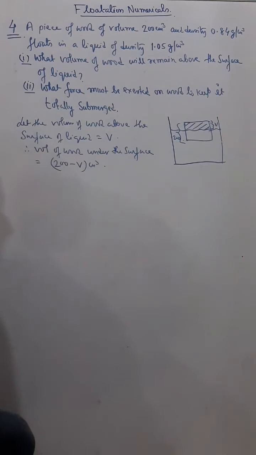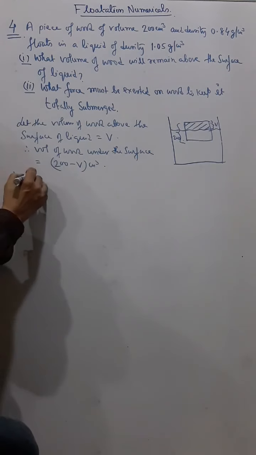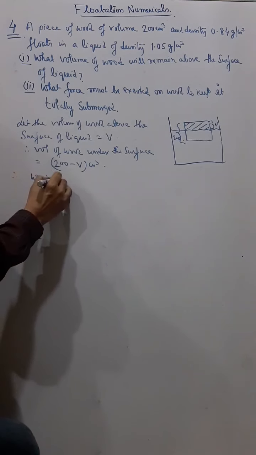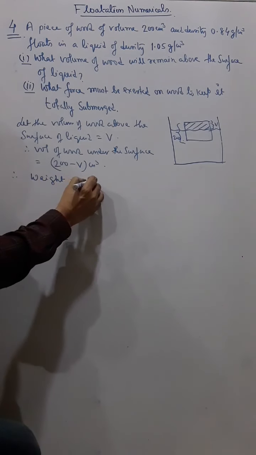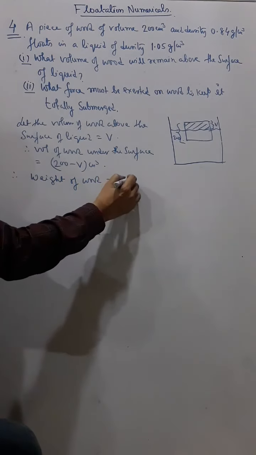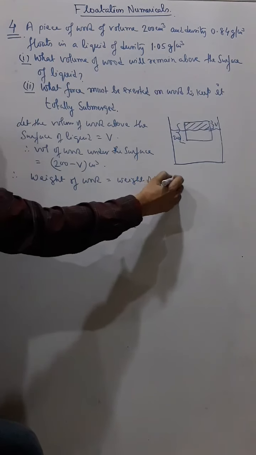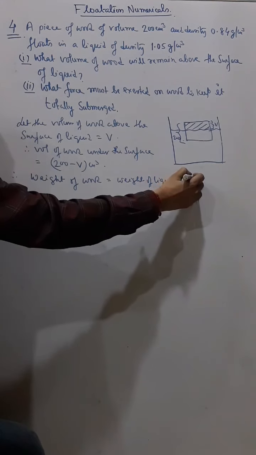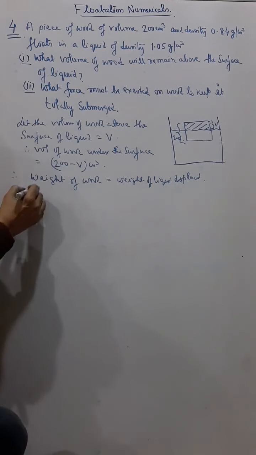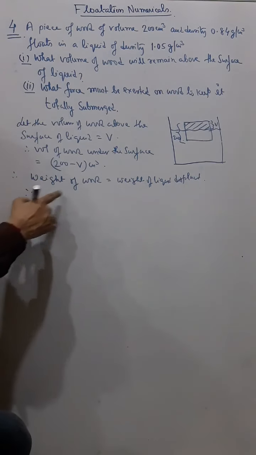And now we'll use that principle of flotation. Now we know weight of wood equals weight of liquid displaced. Weight of wood means again volume of wood into density of wood.